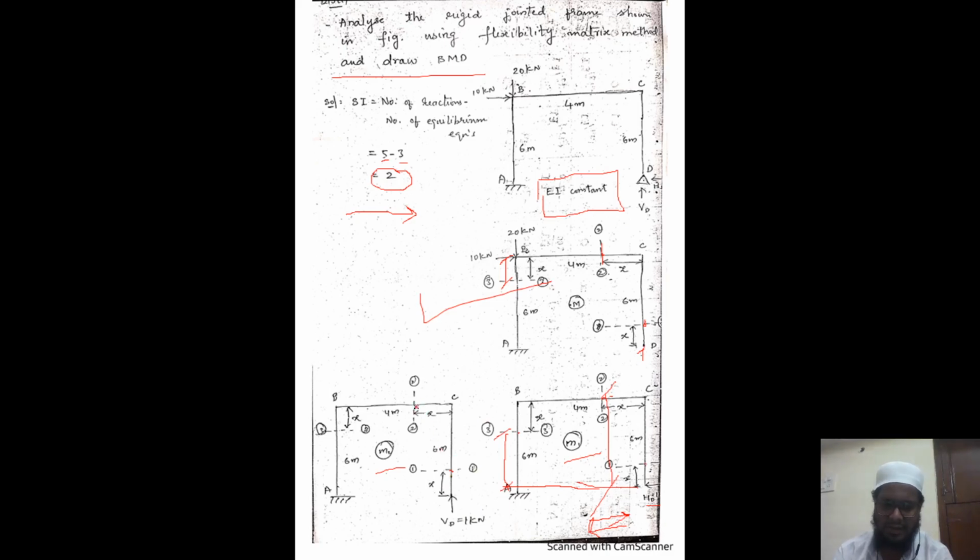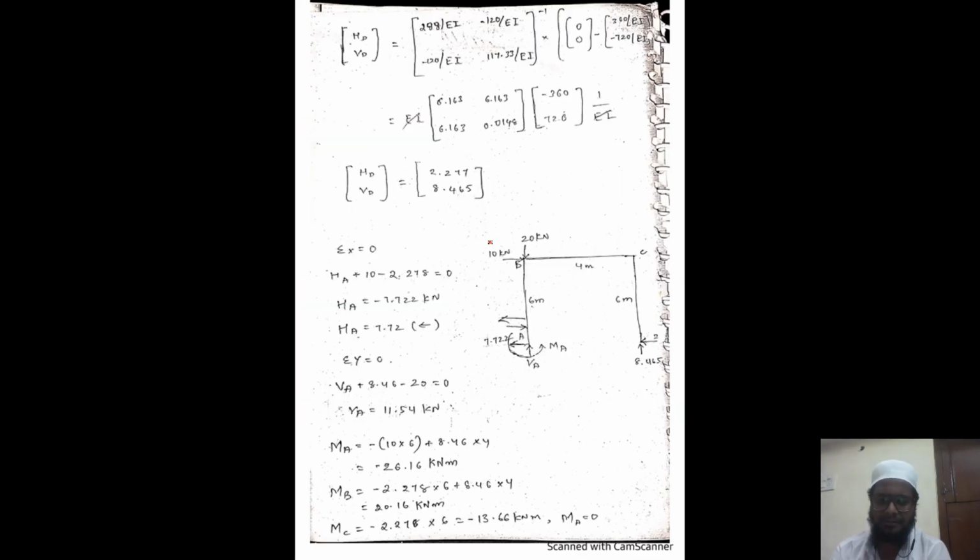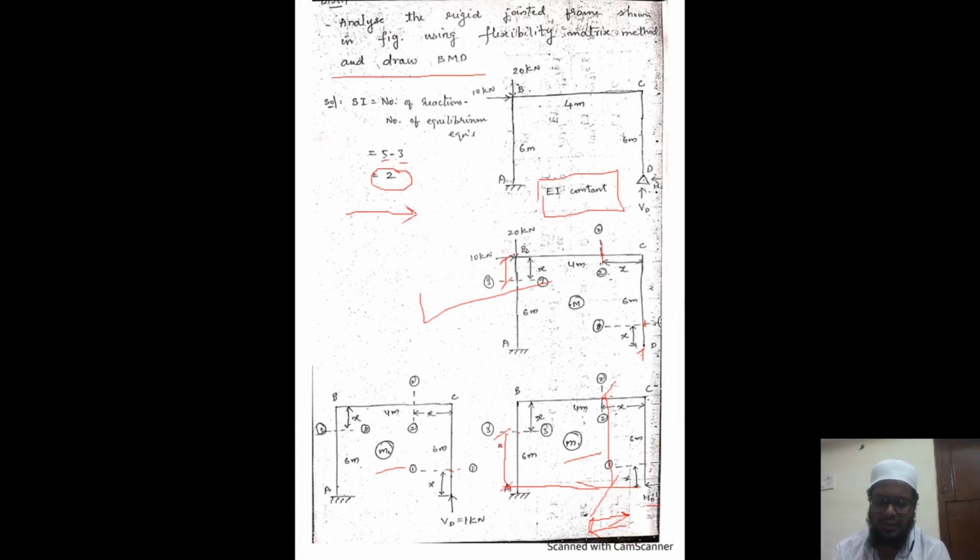Similarly, when you can see here section 2, force is going in anti-clockwise direction and it is from the right side. So 1 into x. You can see here the very first value is 0, and the second value is force going in anti-clockwise direction. Anti-clockwise moments are positive, so that is why here 1 into x. Similarly, if you consider section 3.3, this one, force is again going in anti-clockwise direction.